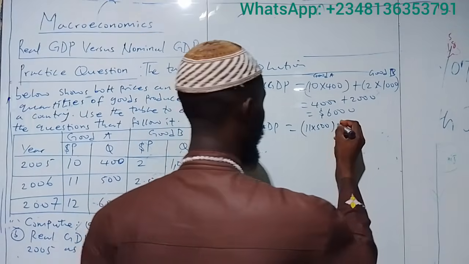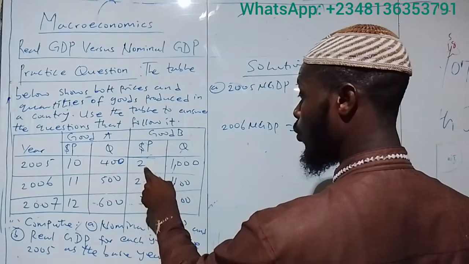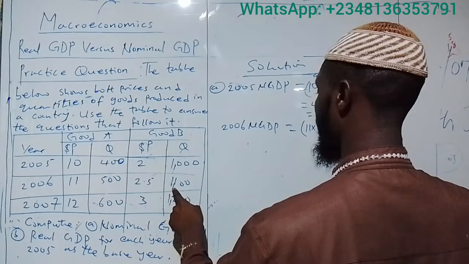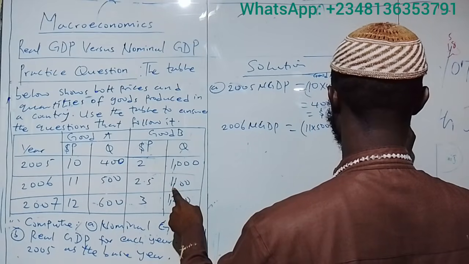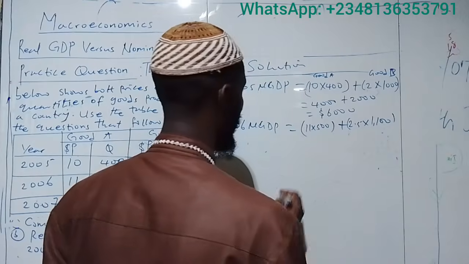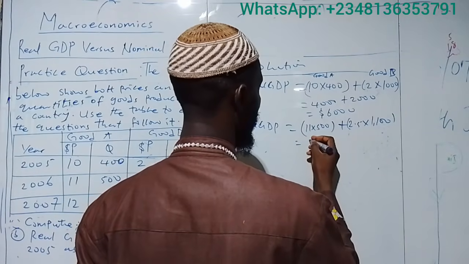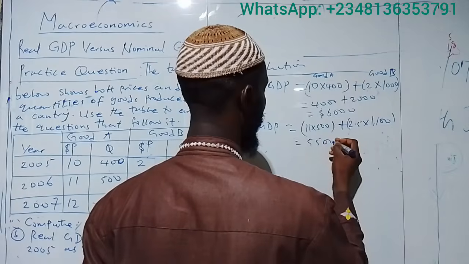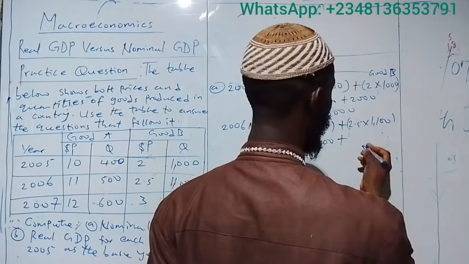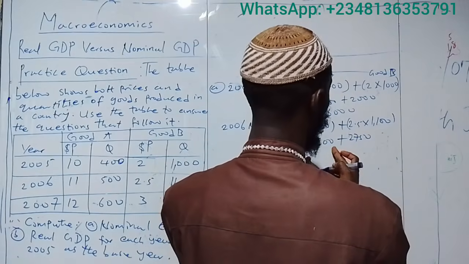That is for good A. Then you have plus, for good B, 2.5 multiplied by 1100. Now, when you multiply this, you are going to get 5,500, then plus 2,750.